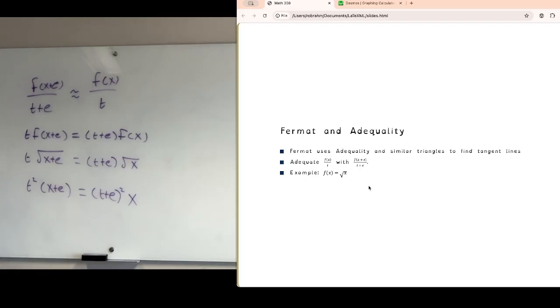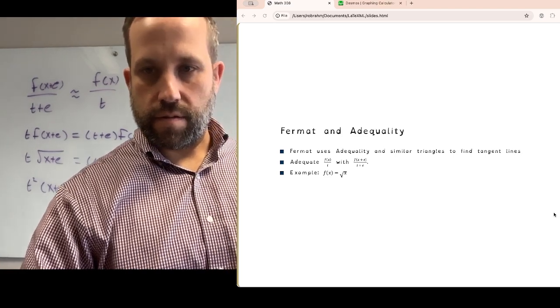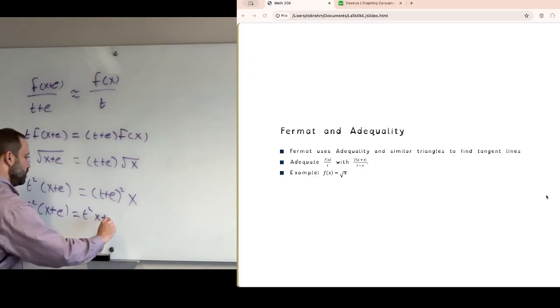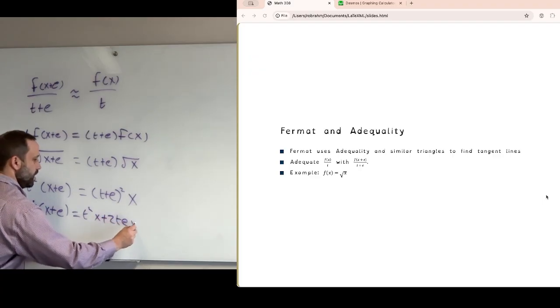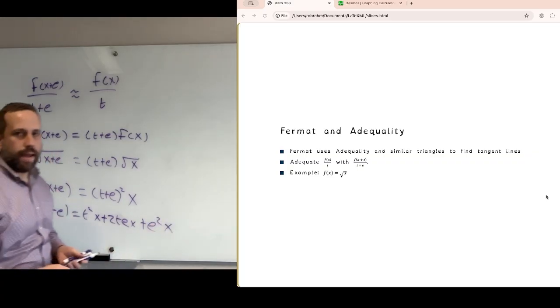If we take e equals 0 now, we're going to get t squared x is equal to, hold on, I've made, yes, okay, whoops. Okay, so over here, sorry about that, we're going to get t squared x plus e, and over here we're going to get t squared x plus 2t e x plus e squared x.